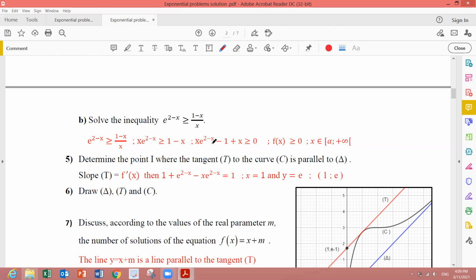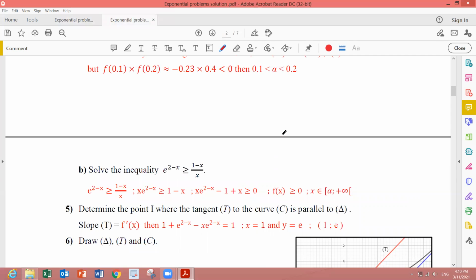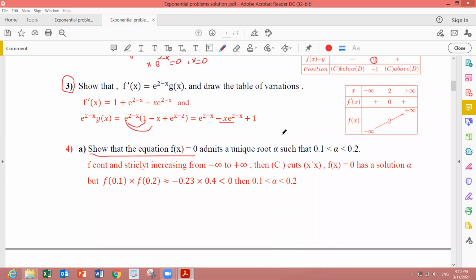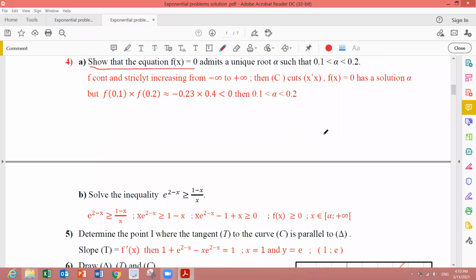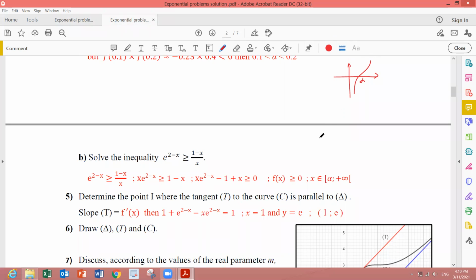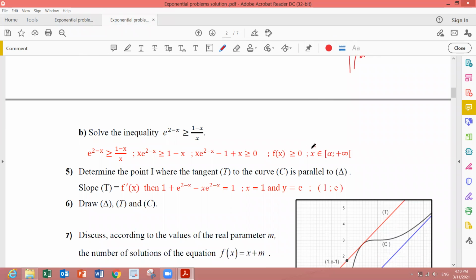So x e power 2 minus x minus 1 plus x greater than or equal to 0, means f(x) greater than or equal to 0. Since the function is increasing and f(alpha) is 0, f(x) is greater than 0 if x is greater than alpha. f(x) is greater than or equal to 0 for x in alpha to plus infinity.